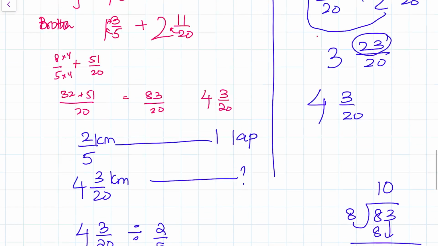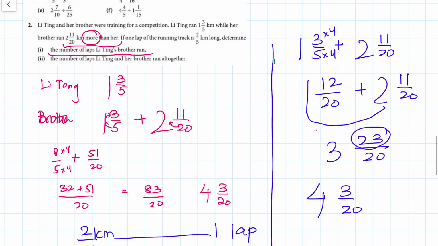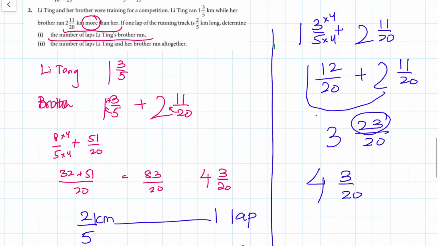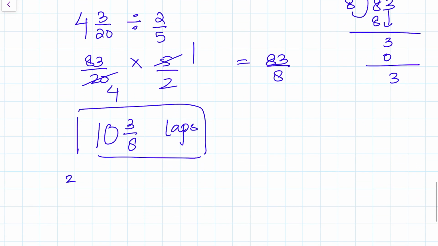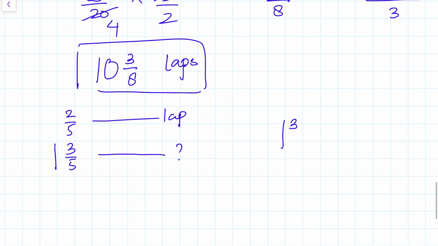Now the second part says the number of laps Li Ting and her brother ran all together. So we need to first find out how many laps Li Ting ran. So 2/5 is 1 lap. 1 whole 3/5 is how many laps? We are working for Li Ting. 8/5 multiplied by 5/2.